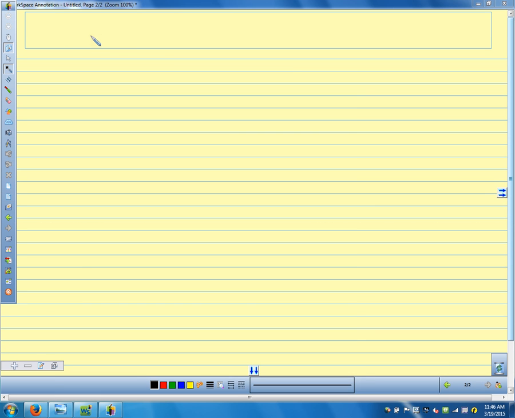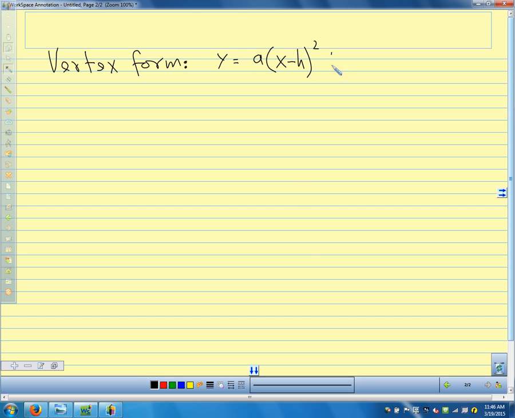So just as a reminder, we've worked with the vertex form of a parabola. Back in chapter 2, we worked with vertex form. The vertex form was y equals a(x minus h) squared plus k, where the vertex was at (h, k).